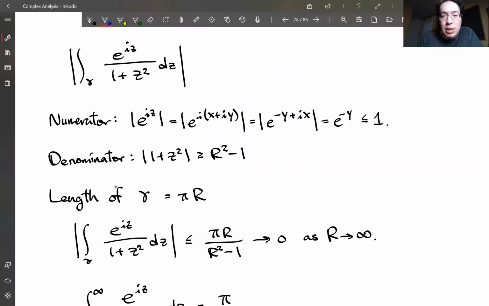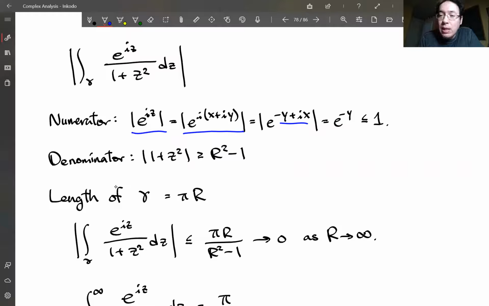We want to show that this gets smaller and smaller as r gets larger. Let's look at how big the numerator can get. We're looking at the modulus of e to the iz, and I'm going to rewrite z as x plus iy. If we multiply through the i, we get negative y plus ix.